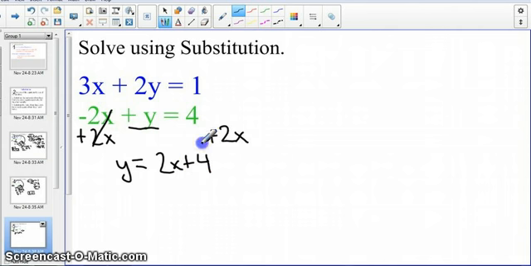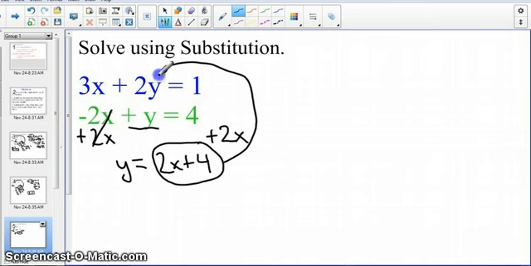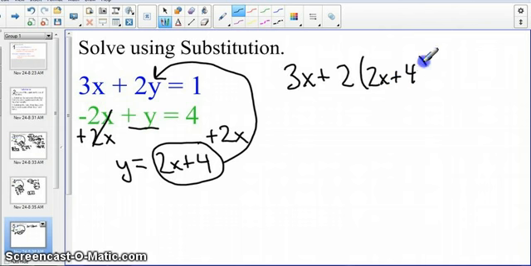So now, you're going to take 2x plus 4, plug it in for y into the first equation. So 3x plus 2 times, well, now instead of y, I'm plugging 2x plus 4, equals 1.